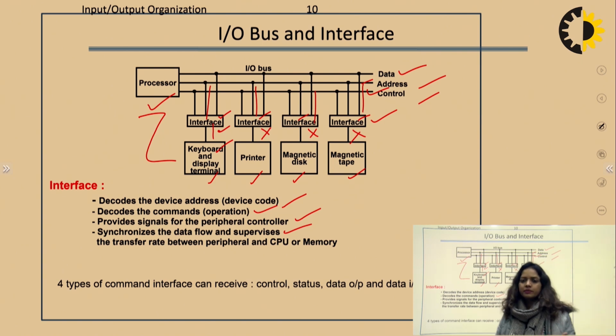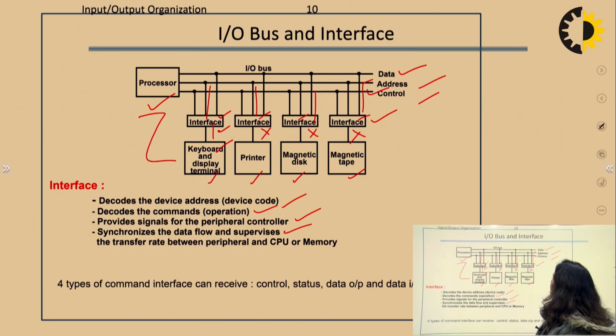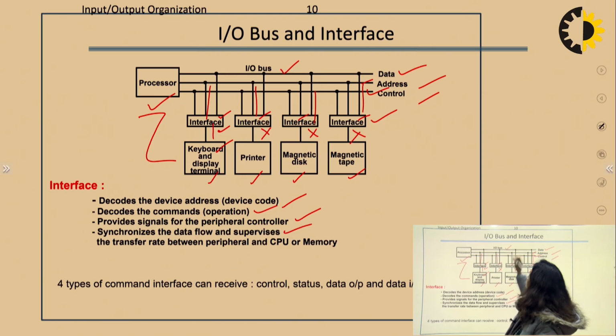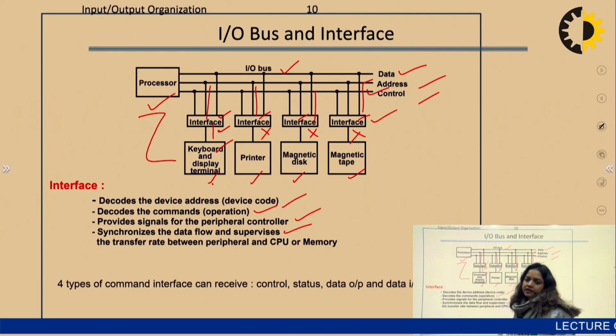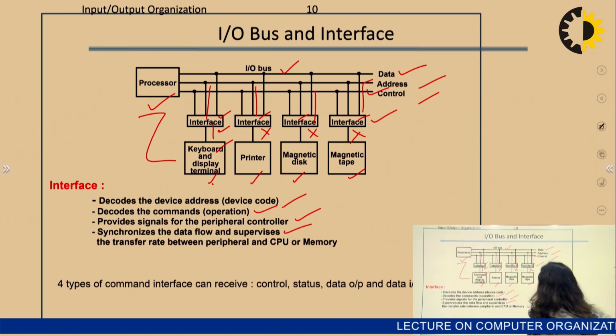Then the data transmitted by the processor on the data bus is transferred to that particular device, either taken from that device or given as an output to that device.